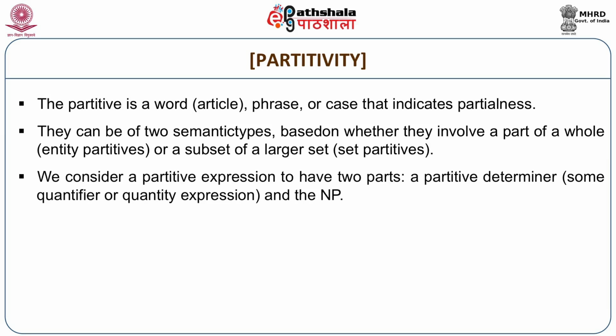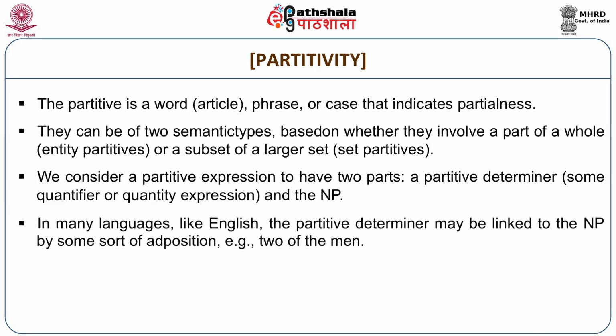A partitive expression has two parts: a partitive determiner, which is some quantifier or quantity expression, and the noun phrase. In many languages, such as English, the partitive determiner may be linked to the noun phrase by some sort of adposition, as in two of the men.